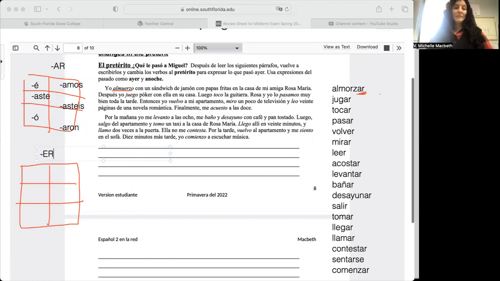All right, ER and IR. What are we going to have here? We're going to have í, iste, ió, don't forget our accents. And then we're going to have imos.